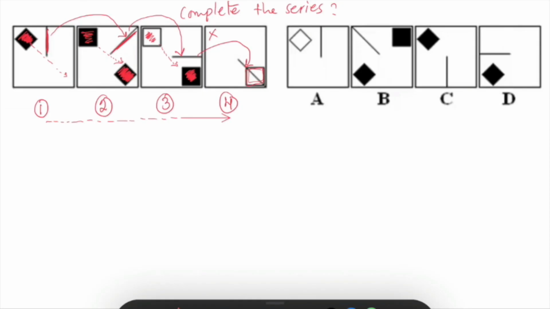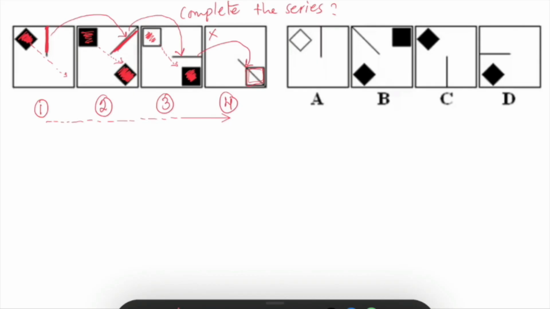So what is consistent here, in our opinion, is that the line moves in a regular, consistent movement, one clockwise step.